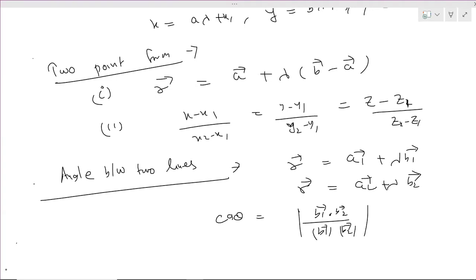Alright, take dot product of parallel vectors, divide by their magnitude, just as in vectors.